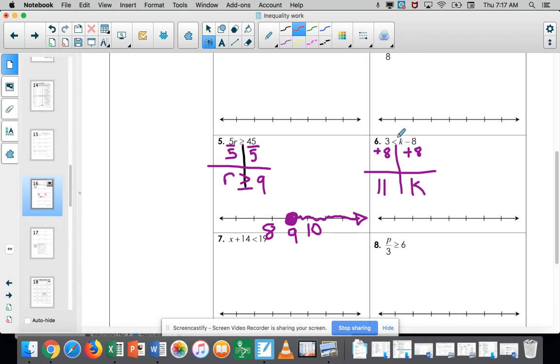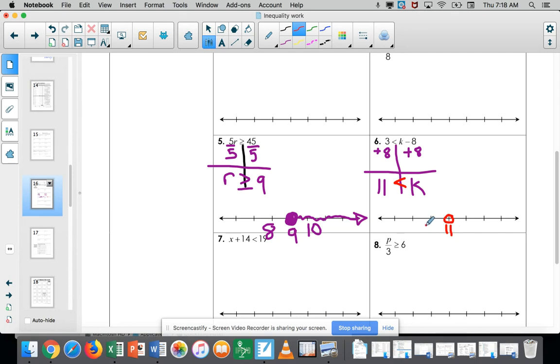My inequality is currently a less than in the problem, and so I'm just going to drop down that less than symbol, and it becomes 11 is less than k. When I go to graph it, I'm going to graph it with an open circle because it doesn't have the or equal to, so it doesn't include the answer of 11.